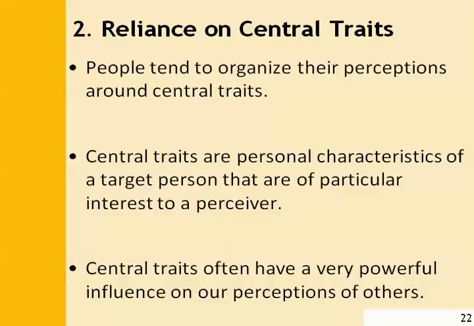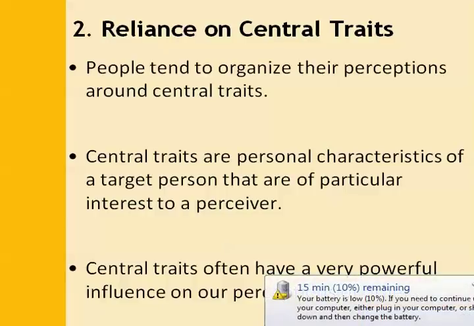But for example, if you are the same person and you are trying to perceive someone that you just met at a party, the central traits in this case will change from one situation to another. Surely if you meet someone at a party, you're not going to perceive him based on his grades. You probably want to know the extent to which this person is sociable or not.